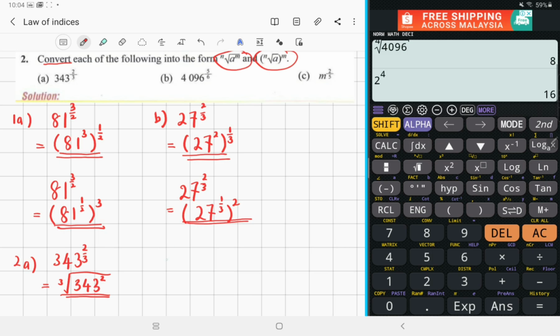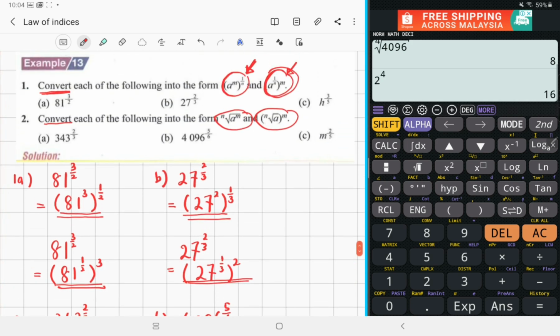For question 2B, 4096 to the power of 5 over 6. If we write in the form of nth roots, the nth root will be the 6th root. Write a small 6, not a large 6, because that will give another meaning. So this one is the 6th root of 4096 to the power of 5.